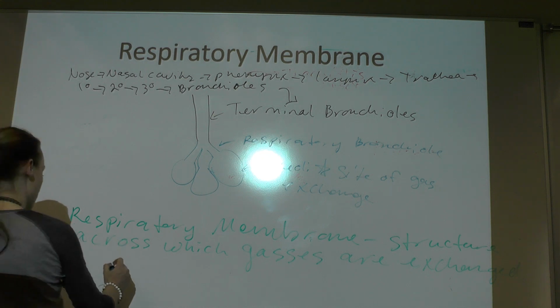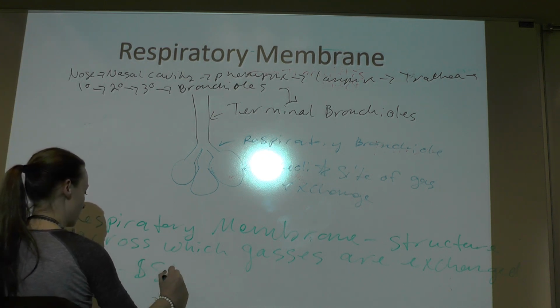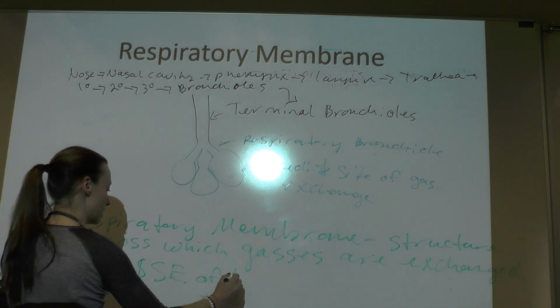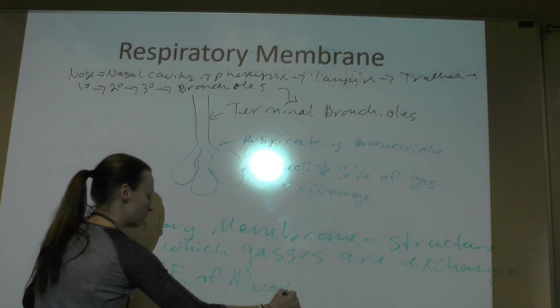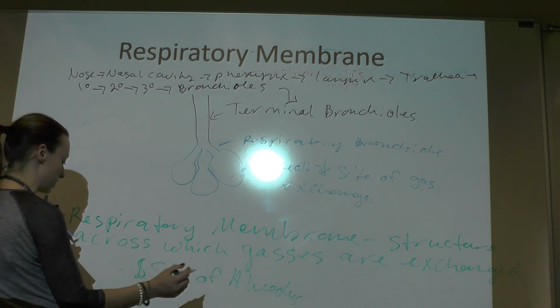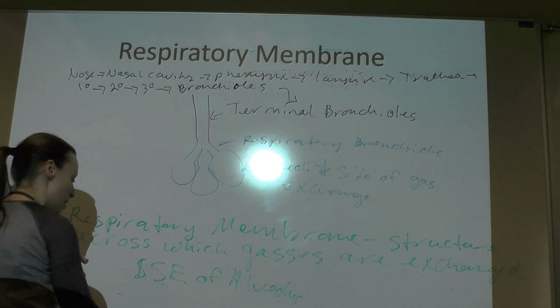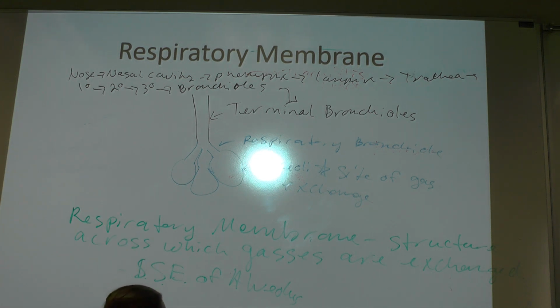Again, what we have is the simple squamous epithelial tissue of the alveolus. I just abbreviated that, SSE, simple squamous epithelium. We have the simple squamous epithelium of the capillary, and we have the basement membrane that they share.